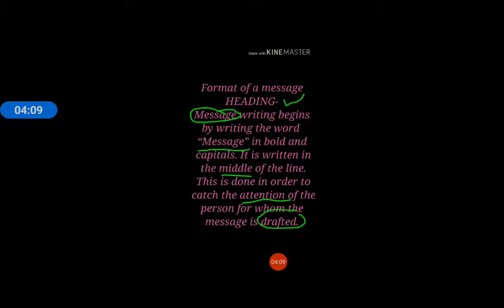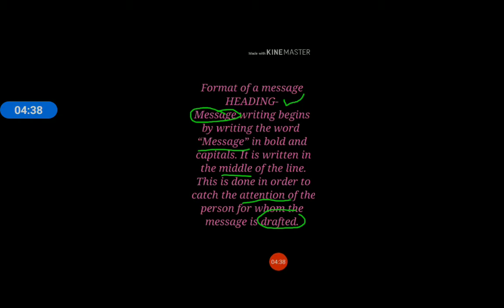The format of a message begins with the heading. Heading is the important thing, and it should be written in the middle of the page. And since it is the important part of the message, it should be written in bold and capitals in order to catch the attention of the reader for whom the message is drafted.